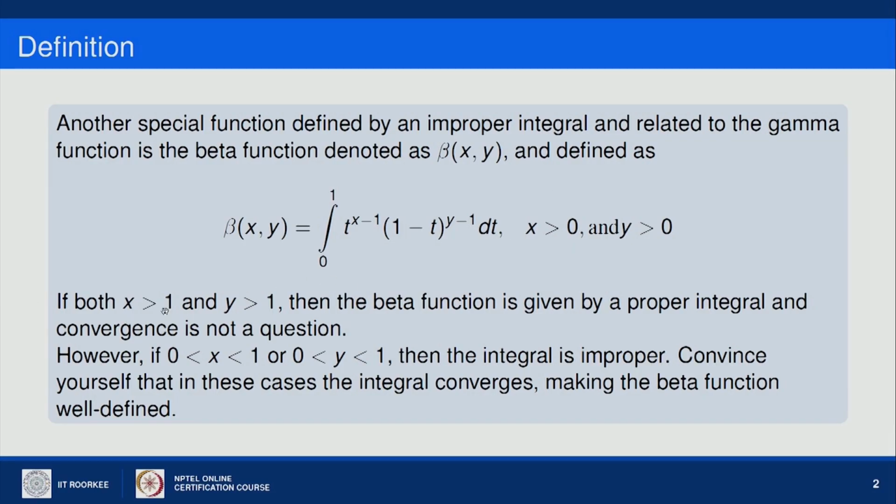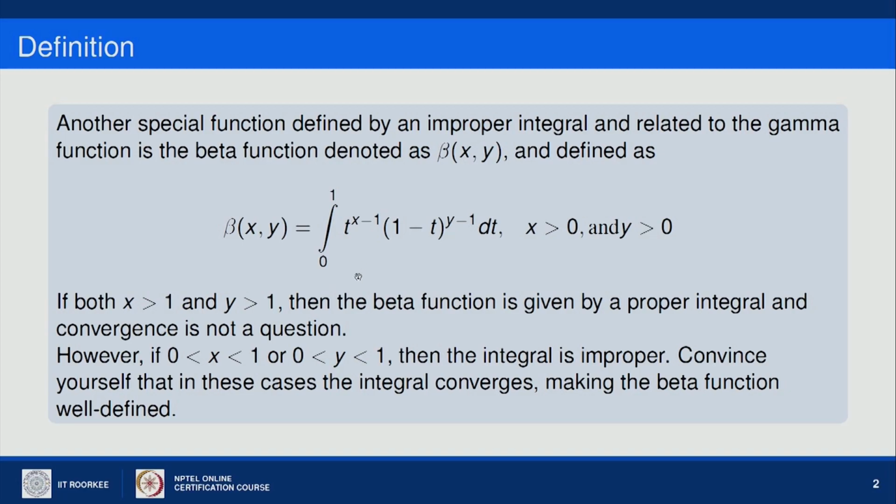If both x and y are greater than 1, then the beta function is given by a proper integral, and hence convergence is not in question. However, if x is between 0 and 1, or y is between 0 and 1, or both of them are between 0 and 1, then the integral is improper, and hence the convergence of this integral is in question.